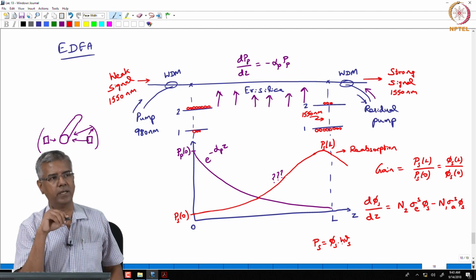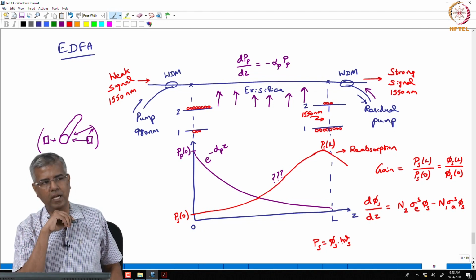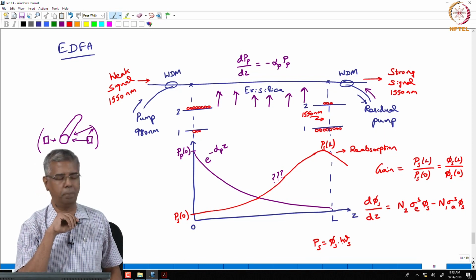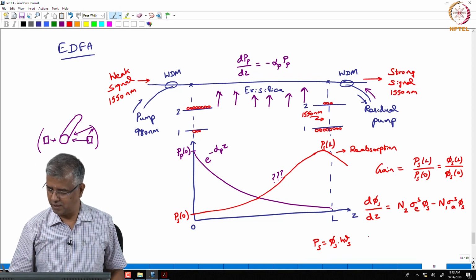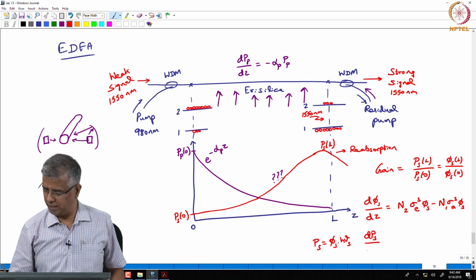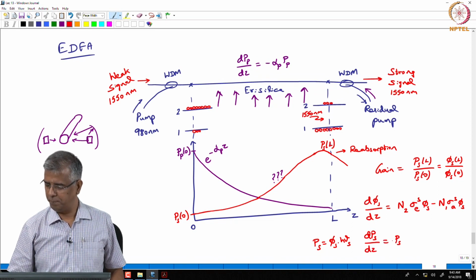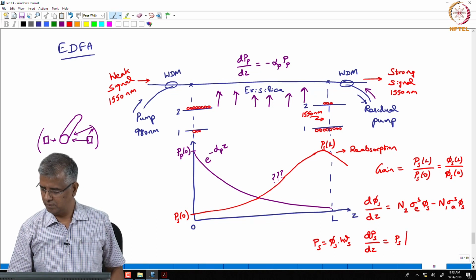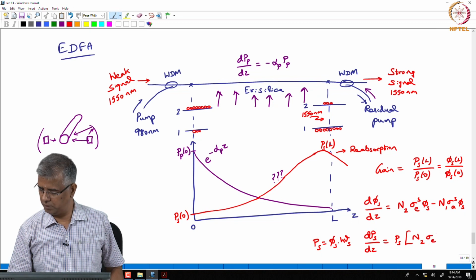The signal photon energy multiplied by the flux gives me power. So I can just write this as dPs over dz equal to Ps multiplied by N2 sigma Es minus N1 sigma As.